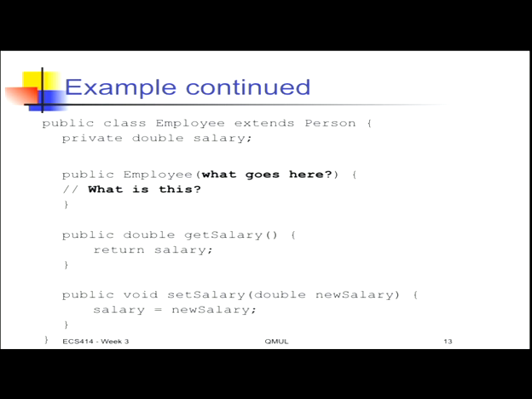That should have an argument there, for example, to initialize the variable salary. And then we have setters and getters for this state. So this would be all the code for the class Employee.